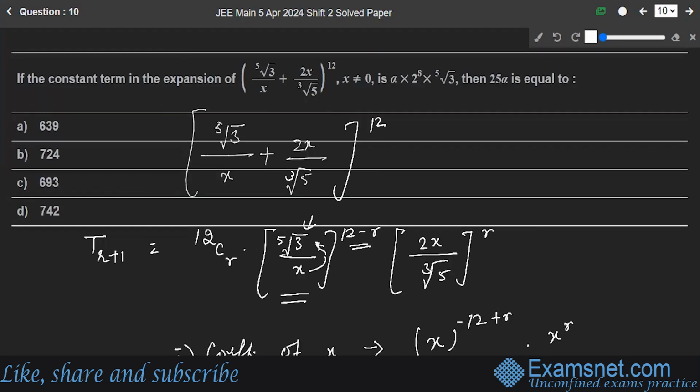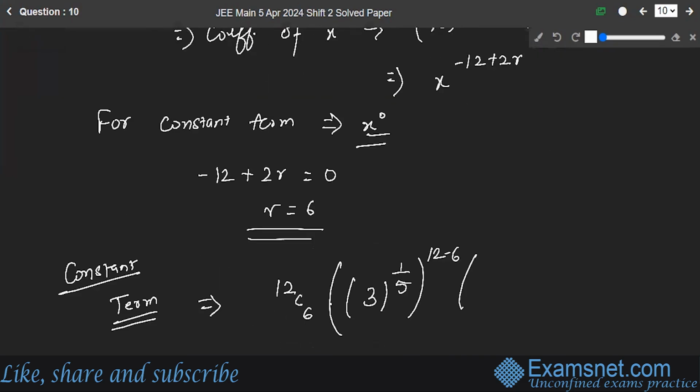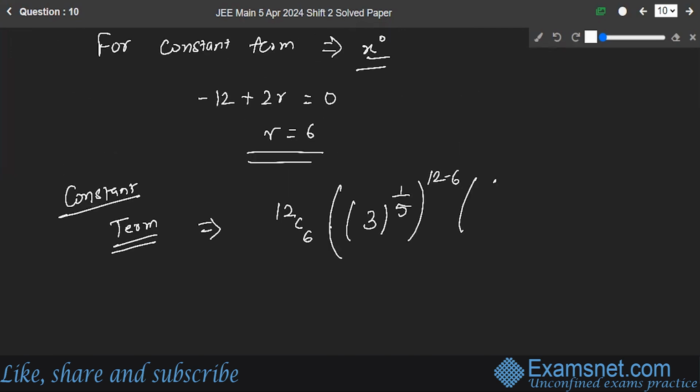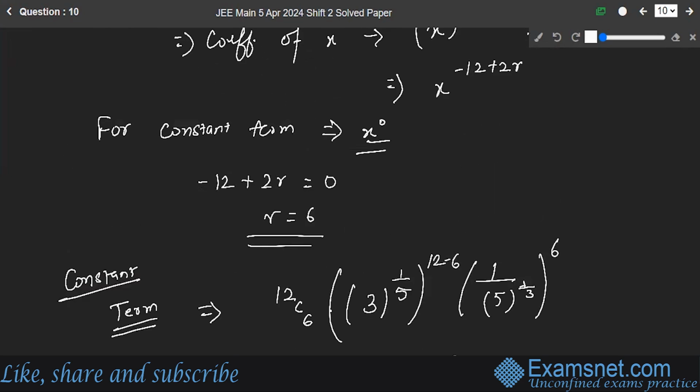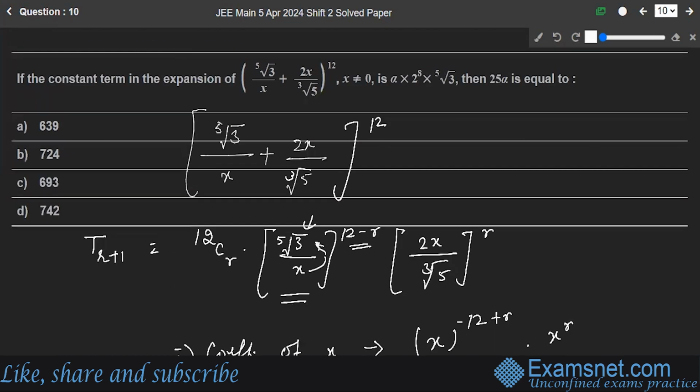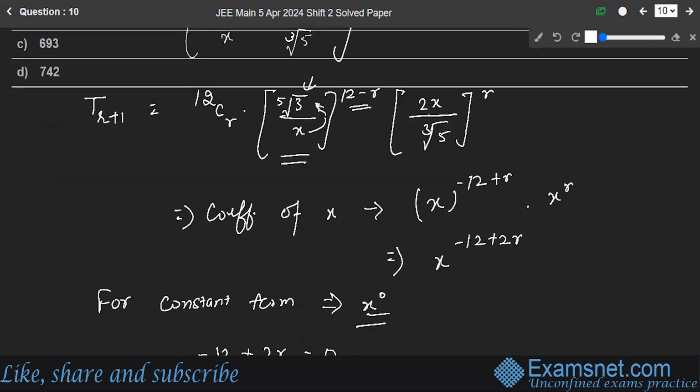And here the other one was 1 upon 5 raised to power 1 by 3, power 6, like this. So this is 12C6 into 3 power 6 by 5 into 5 power minus 6 by 3, correct? And there was 2 also, so 2 power 6 I have left.